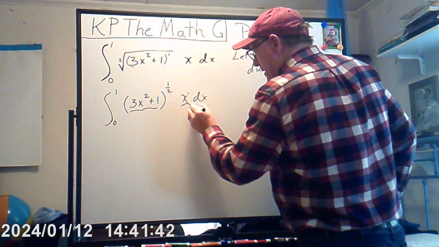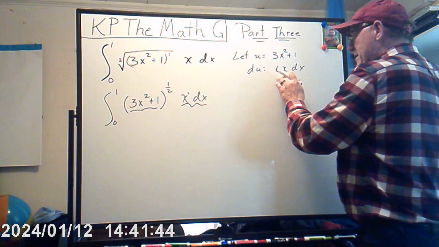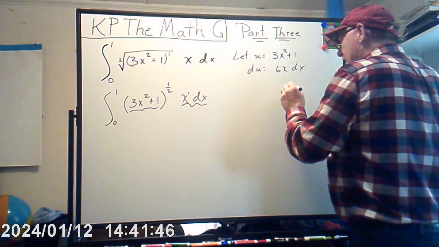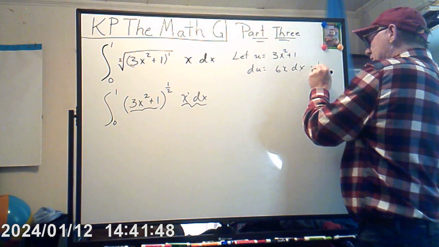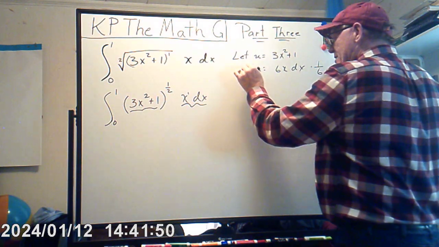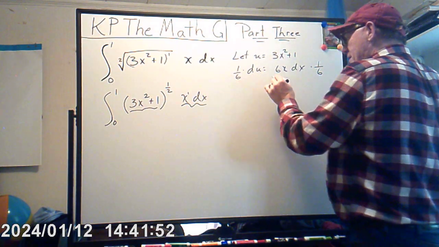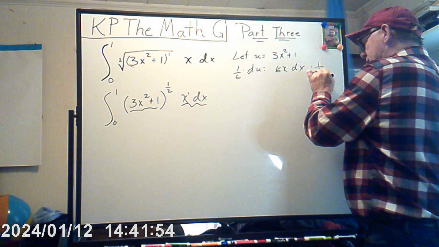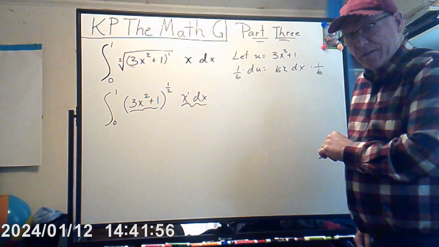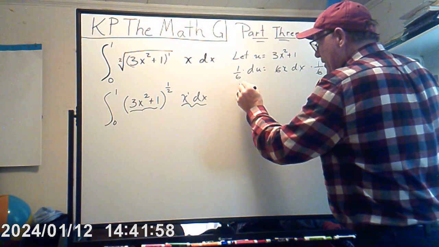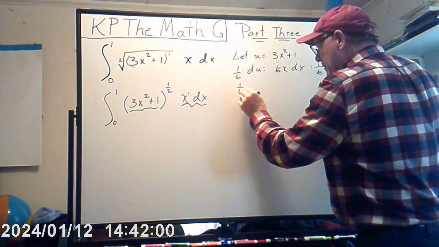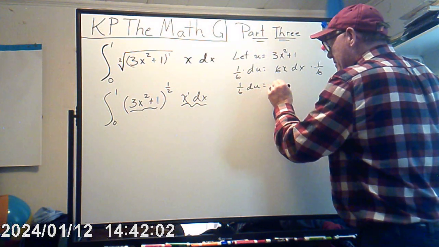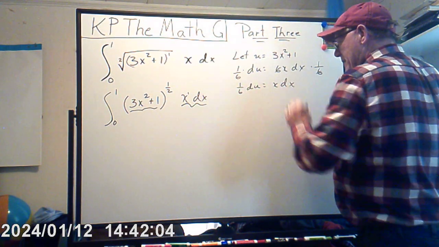I've got x dx. I don't have 6x dx, so I need to multiply by 1/6 both sides. See, that gets rid of my 6's there. So this is 1/6 du is equal to x dx.